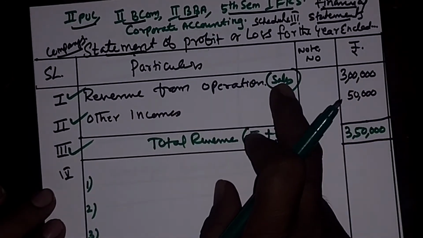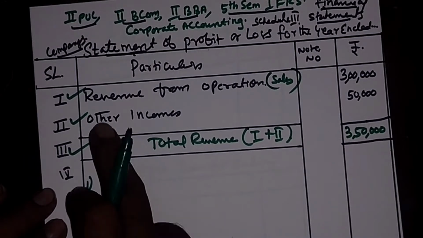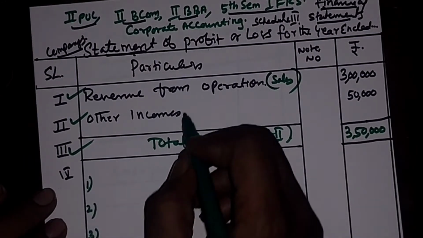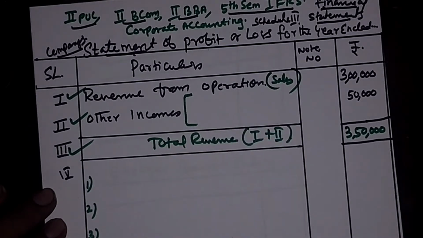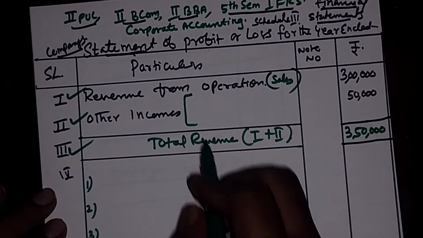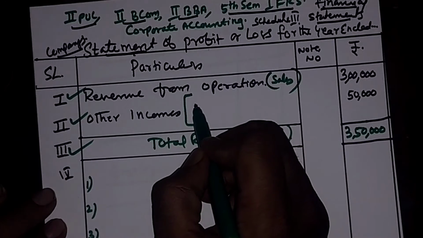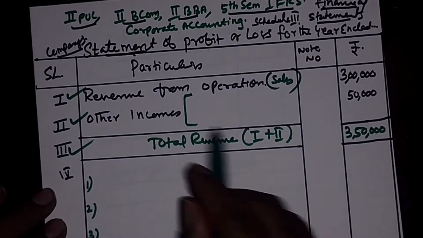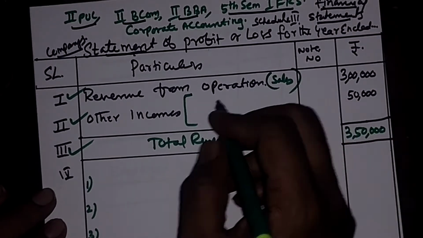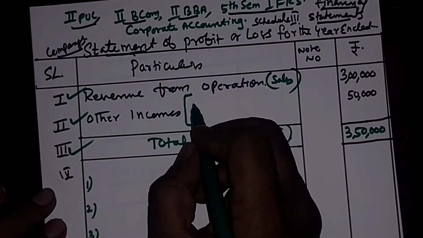What is this revenue from operation? Sales. What are these other incomes? This other income is, for example, profit on sale of asset. For understanding purpose, I will write it here, but actually these entries will not appear here. Since this is the explanation, I will write it here again. What are these other incomes?